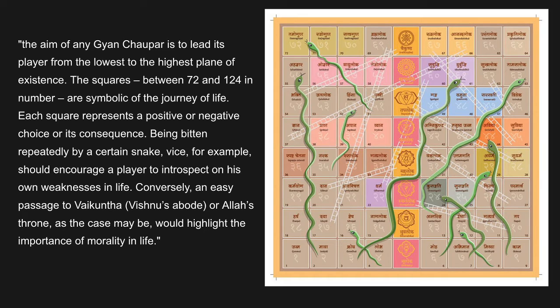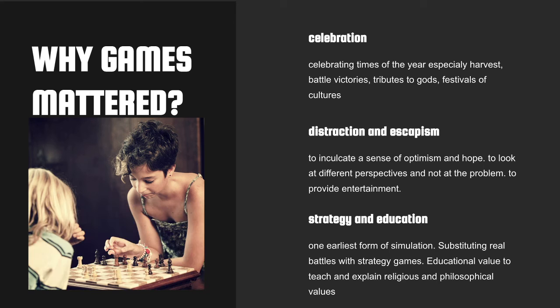There are so many ways to perceive the term play, or the experience of play. We can only understand its definition if we see it from context, based on the need and the requirement. But why games mattered to certain cultures or certain groups of people is a big question mark.